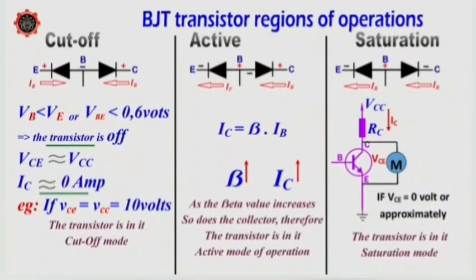And then you can tell by measuring VCE. If you connect a digital multimeter between the collector and the emitter terminal of the transistor, if it is approximately 0, then the transistor is in its mode of saturation.